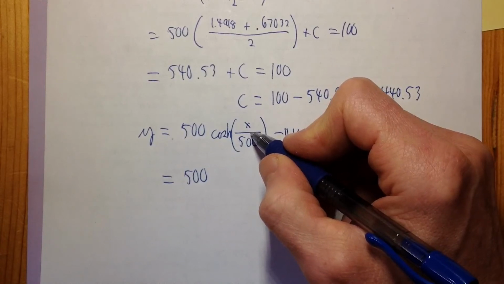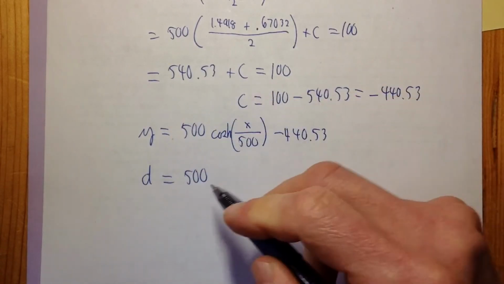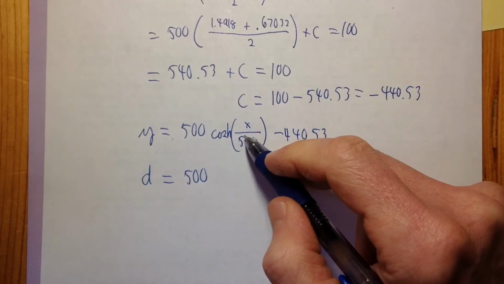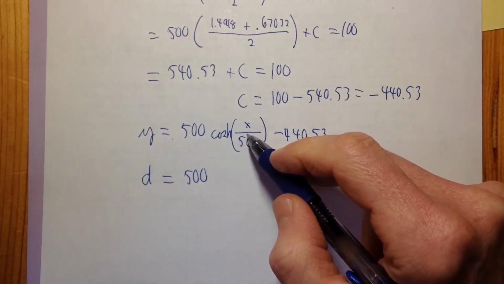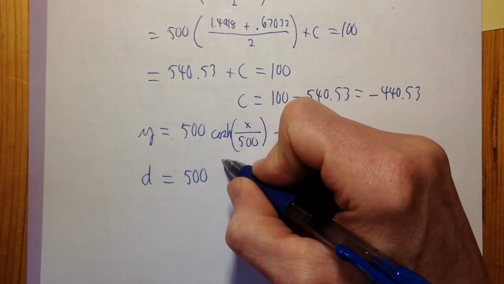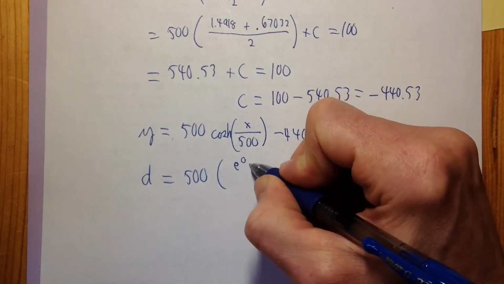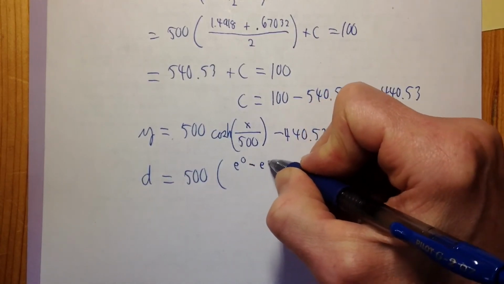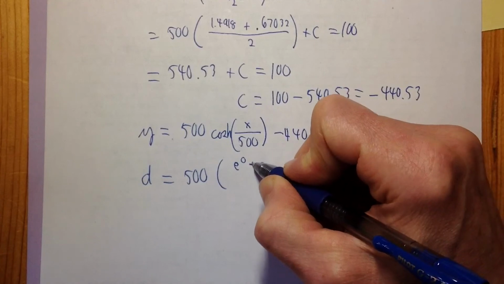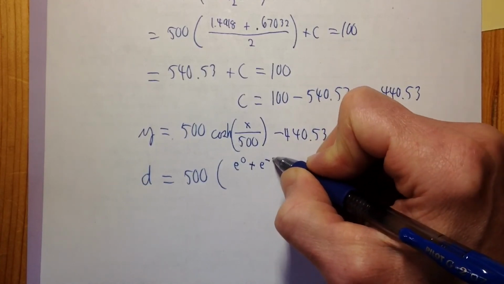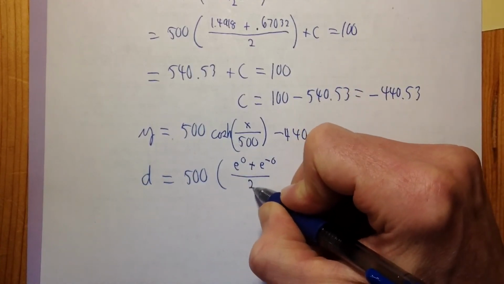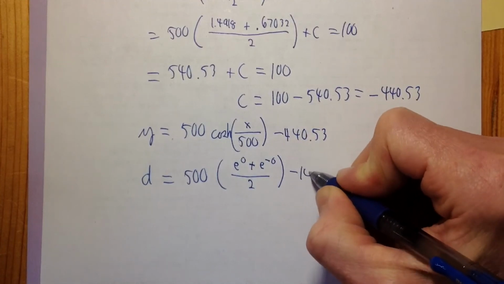We want to know what the height is. Call that d, when x equals 0. So then we just need to know the cosh of 0. So we plug in that formula again, e to the 0 plus e to the negative 0 divided by 2.